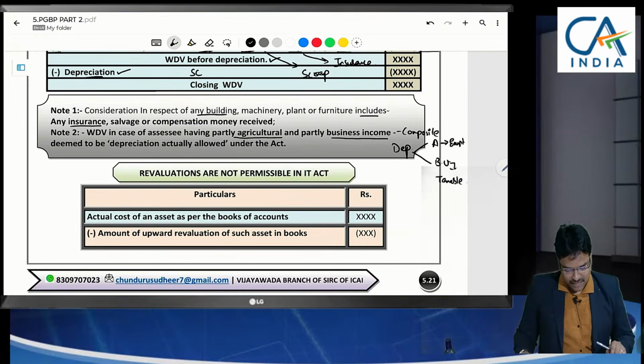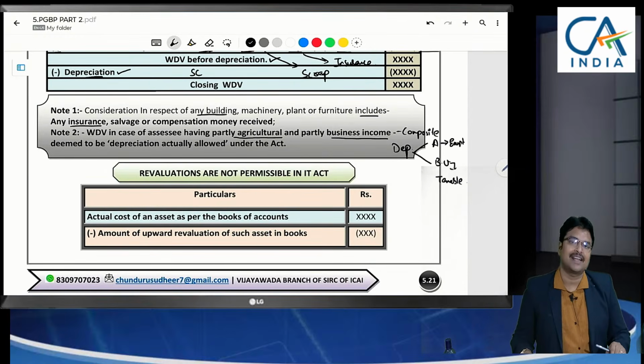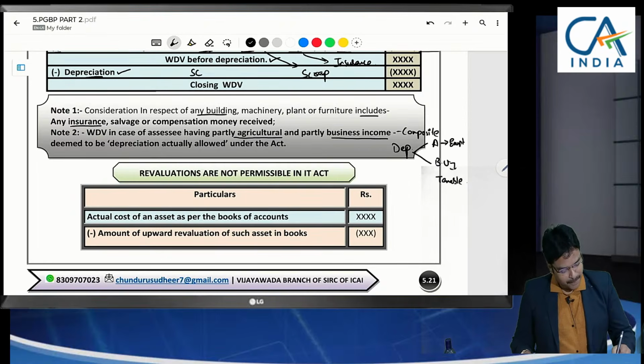That is why we need to separate the value into agriculture and non-agriculture. For such separation, we have income tax rules, which we will discuss later.